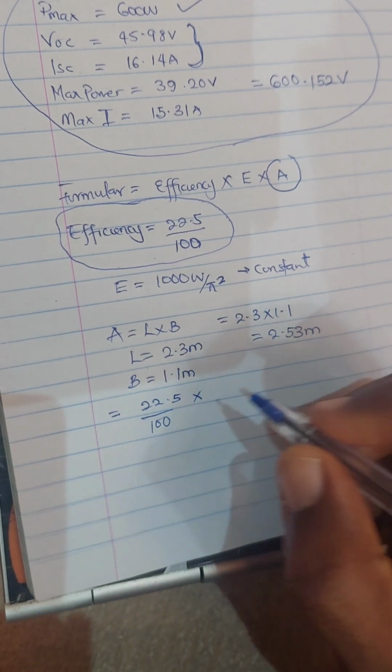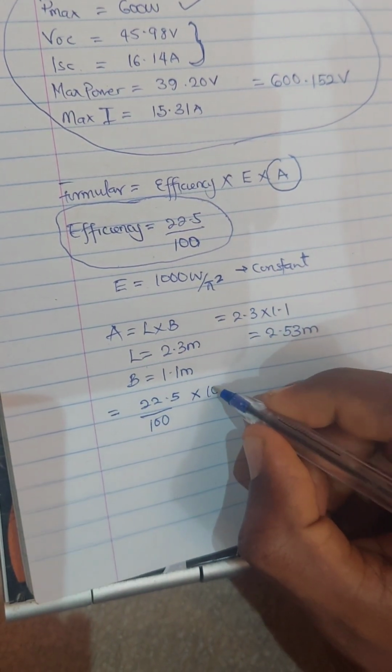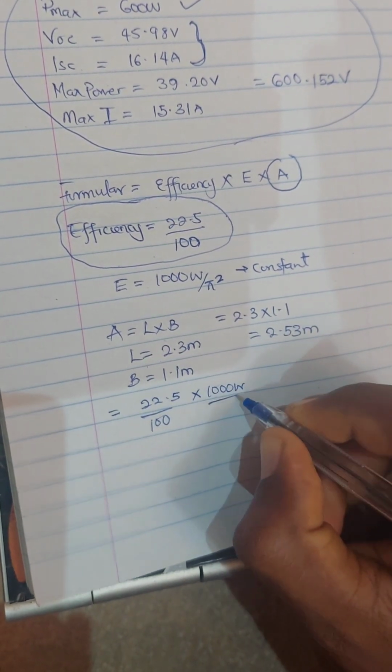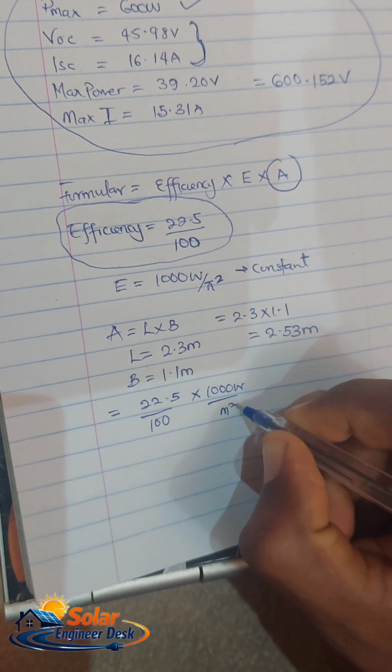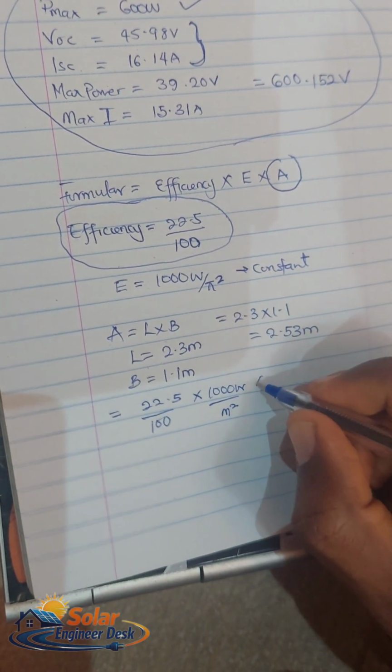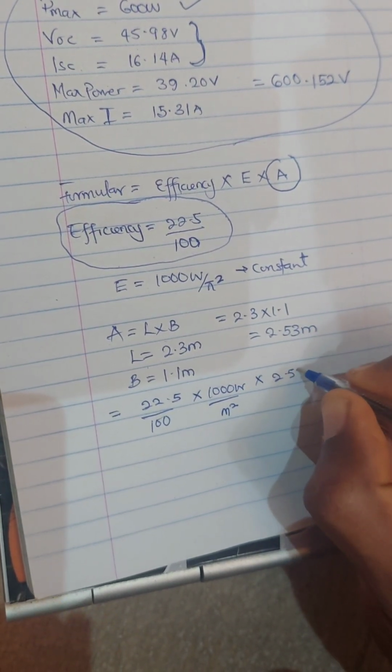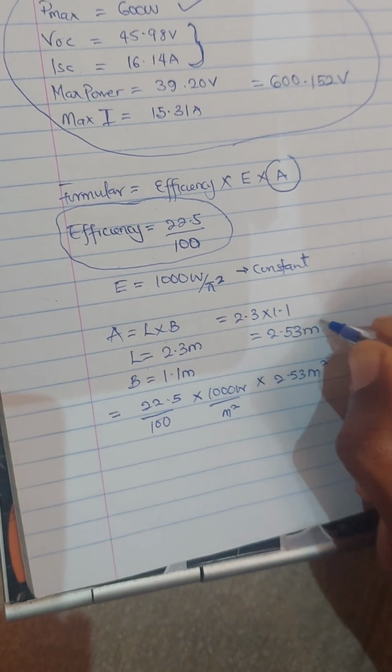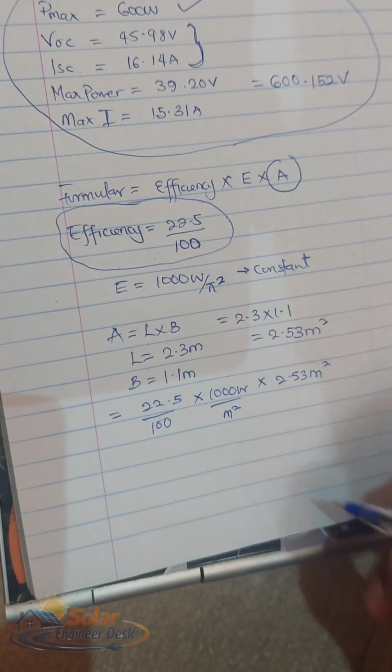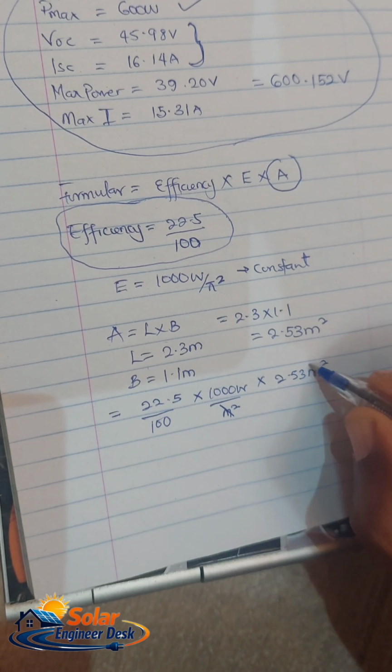So given the constant, let's do the calculation again, which gives us efficiency, which is 22.5 over 100, multiplied by 1000 watts over meter square, times 2.53 meter square as well. If you multiply meter by meter, it gives you meter square, so we cancel this.